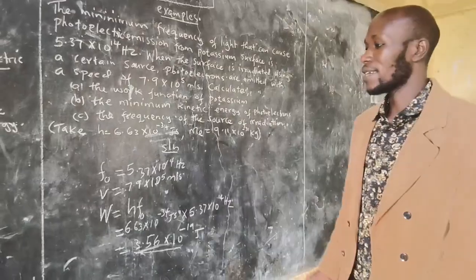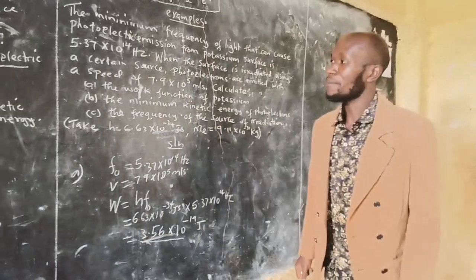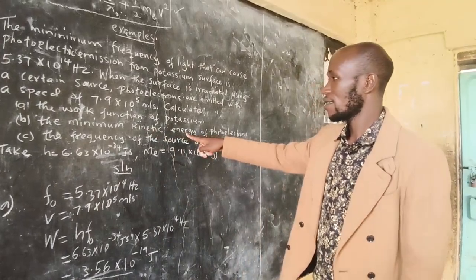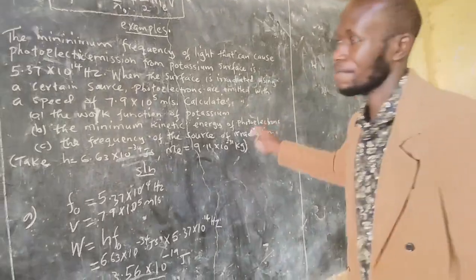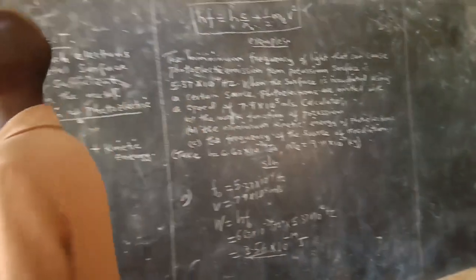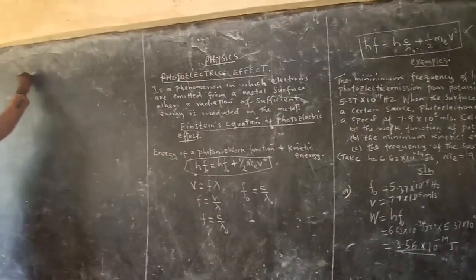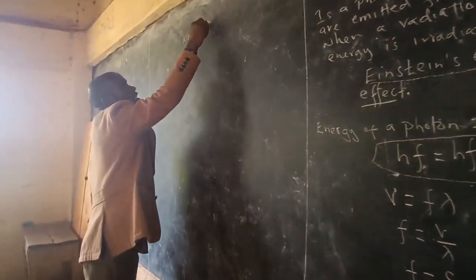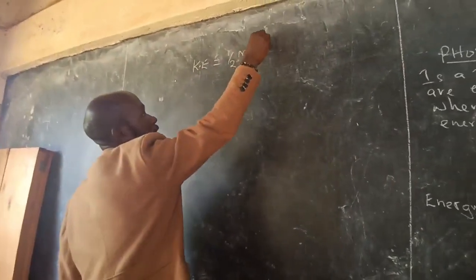Okay. Now, this is our question number A. Let us look at question number B. The minimum kinetic energy of photoelectrons. Kinetic energy is given by a half times the mass of the electron times velocity squared.